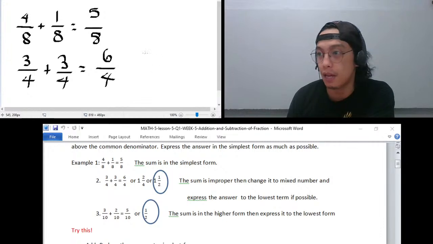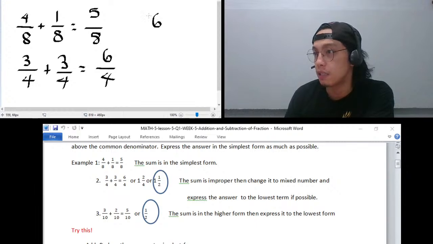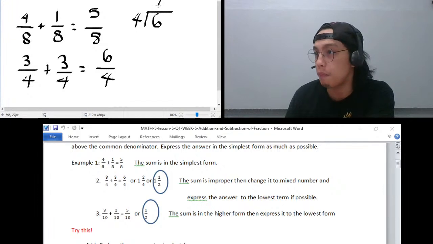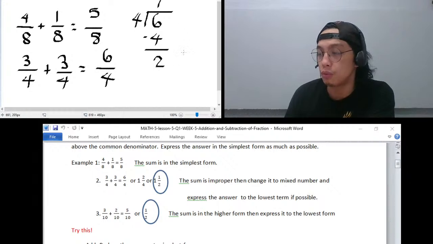So how do we do that? We divide: 6 divided by 4. How many 4s are there in 6? Only one. One times 4, then 6 minus 4 is equal to 2.